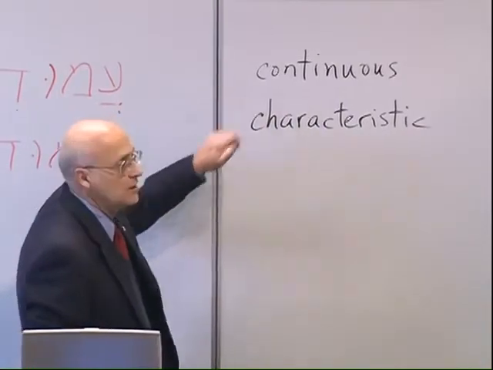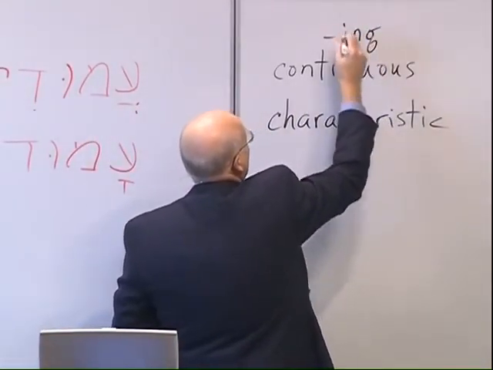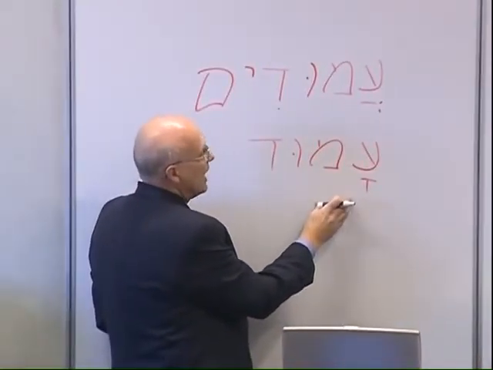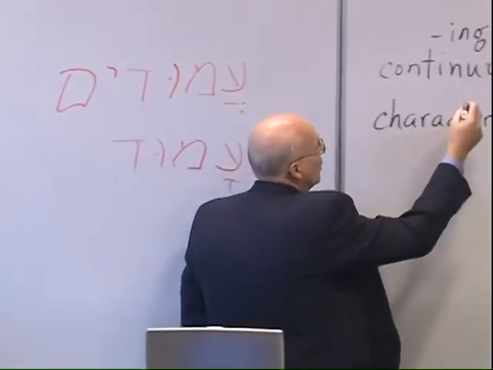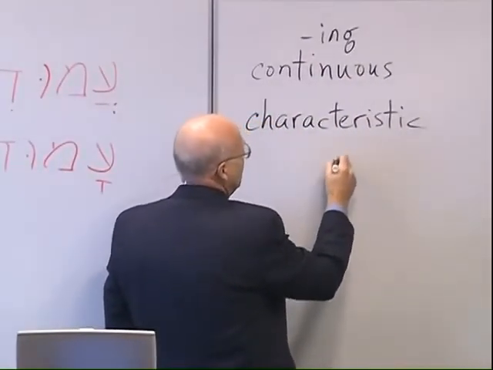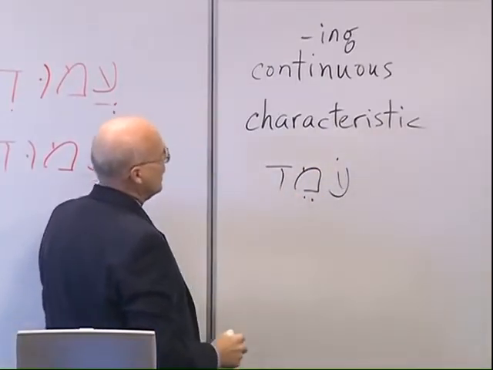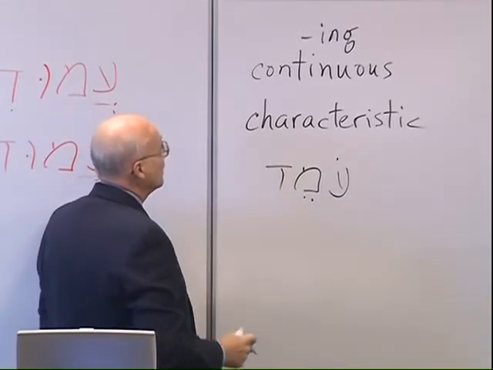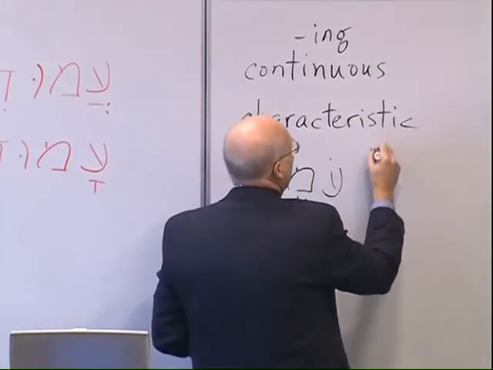When it's translated in the continuous, you use -ing on the end. He was standing. All right? Or if you have omed, same one. He is standing, he was standing, he will be standing. Tense determined by context. -Ing is continuous. Characteristic, you use a present form.